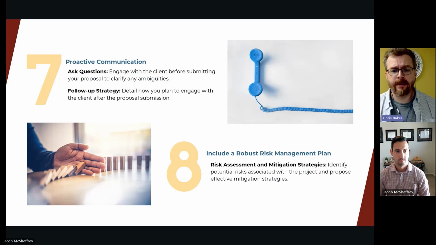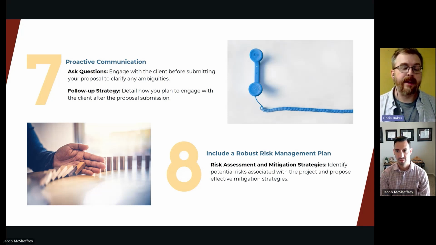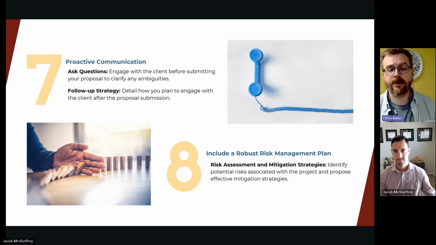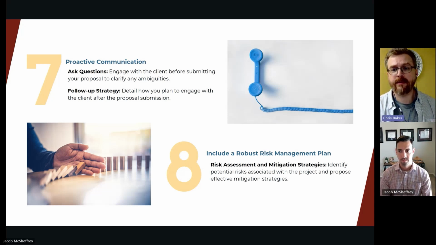You know, a lot of times the contracting officer is under no obligation to tell you that you've lost, or what those deficiencies were. So having a follow-up strategy to check and see if they've made a decision on the contract yet, or if there's a potential for a kind of a breakdown with them, sort of a retrospective on why they didn't choose you. That's great. So that all goes into the follow-up strategy.